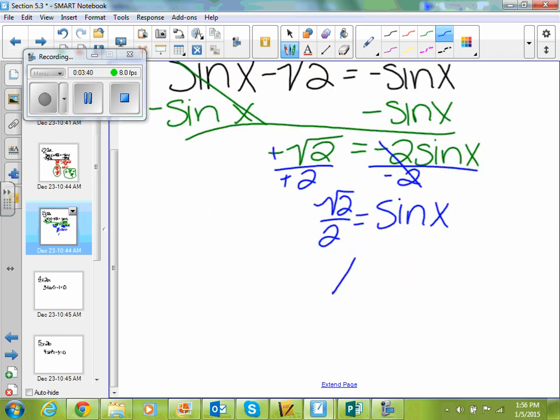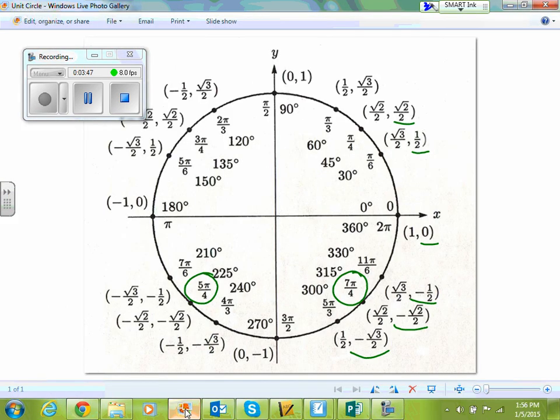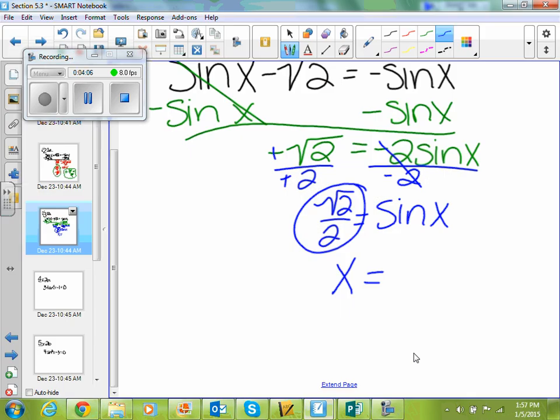So this is the value I'm looking for on my unit circle for my y value. Where do I find square root of 2 over 2? Pi over 4 and 3 pi over 4. So my x values are either going to be pi over 4 or 3 pi over 4.